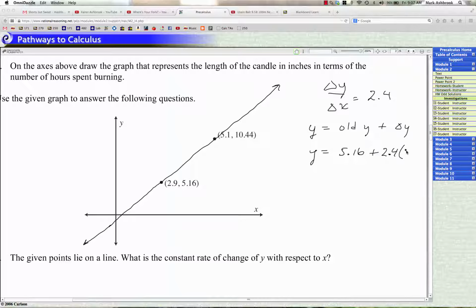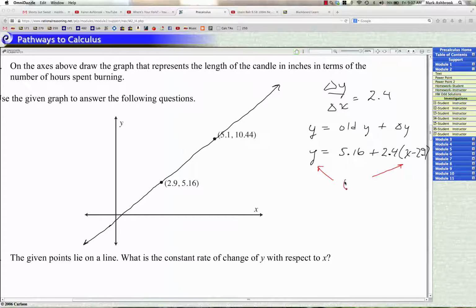Once we've got that process down, we can do it all in one step. So new y equals old y plus change in y, and the change in y is calculated by k delta x. Our delta x would be x minus 2.9. So we're really talking about this point here, say (x, y).